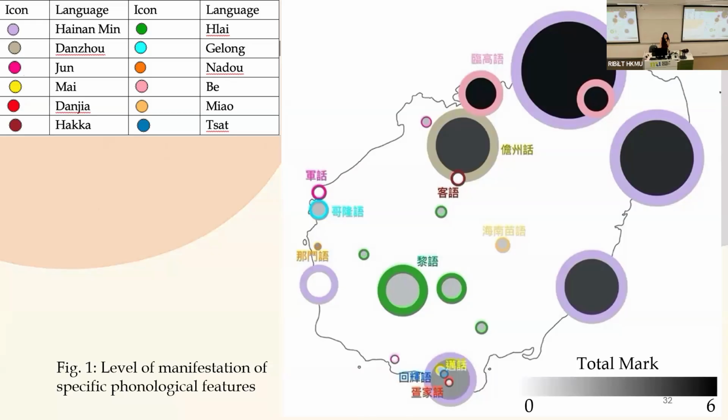And this map is a visualization of the distribution of the set phonological features of different Hainan languages in relation to their geographical locations. One important observation is that the languages with the highest scores, Hainan Min, the Danzhou dialect, and the Be language, form a cluster located in the northern part of the island.